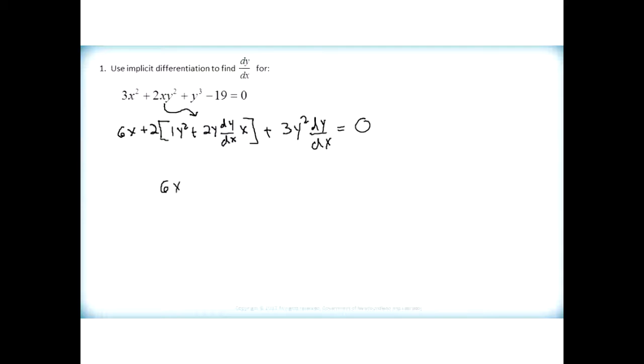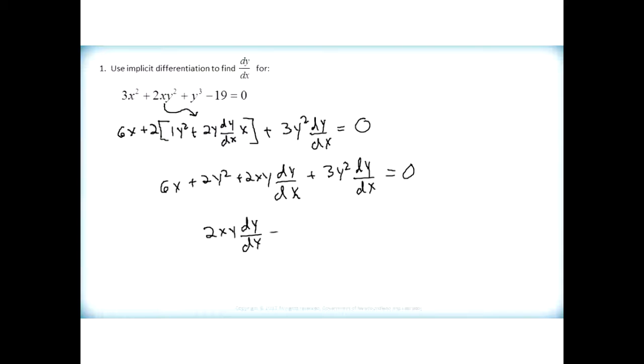So a little bit of distribution with the 2, and we have 2y squared plus 2xy dy by dx. And that's going to be plus 3y squared dy by dx again equals 0. Collect the dy by dx terms. So we've got 2xy times our friend the derivative plus 3y squared times our friend the derivative.